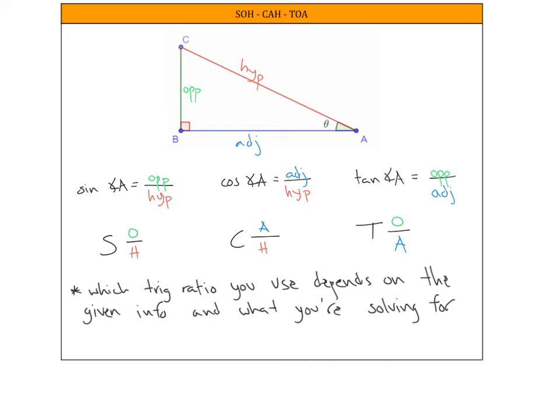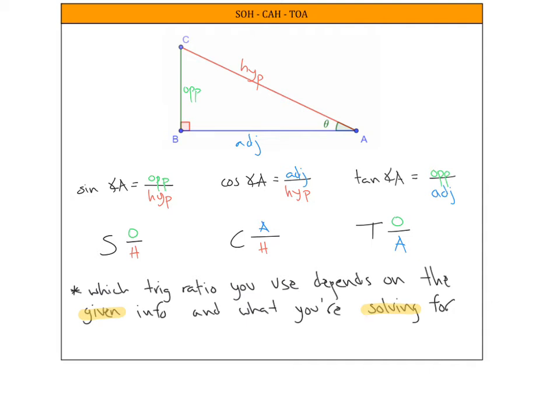So the two words that I want to highlight are given and solving, because those are the two key pieces of information that we will use to help us make the decision of, are we going to use SOH, are we going to use CAH, or are we going to use TOA?